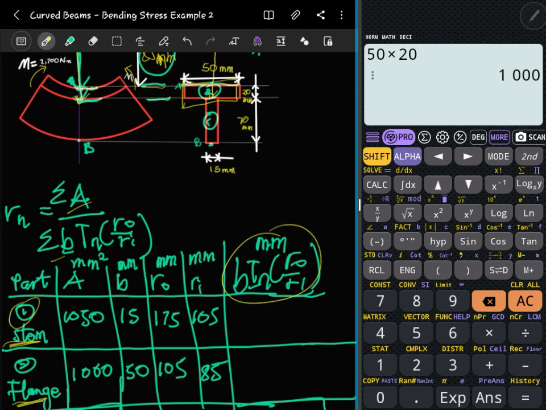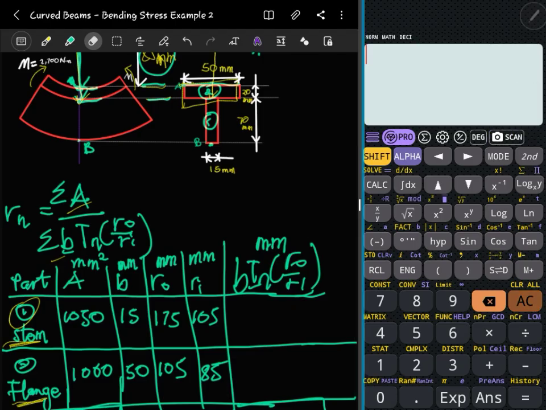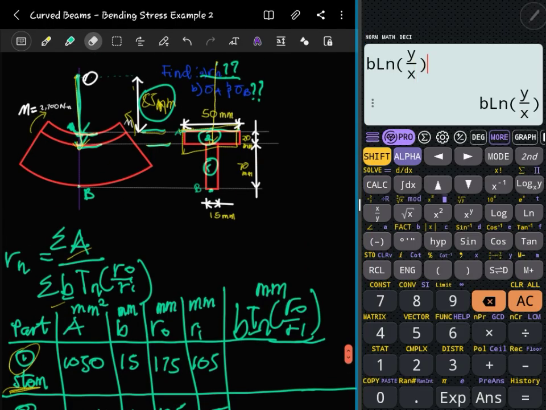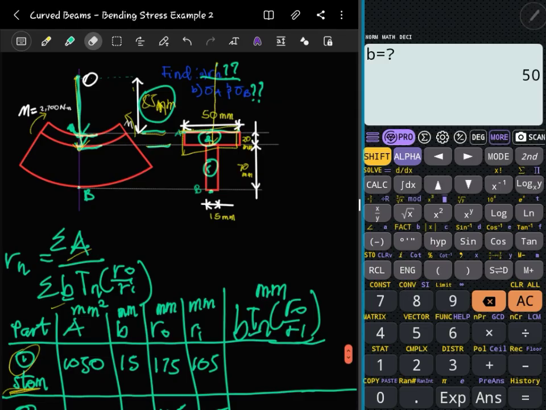So let's see. Okay, so that's our form B. We have the length, outer. Let's represent that with y and then x. I'm trying to find for part 1. Our B here is 15.